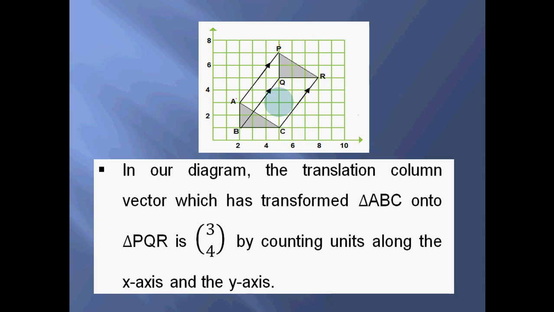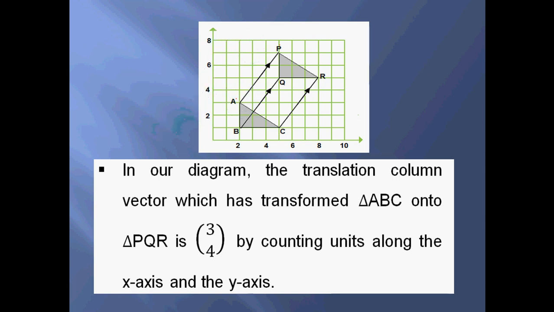And so we have 3 as a component along the x-axis in the column matrix. Now, we have moved from A to P in the right direction. So, movements in the right direction are positive movements. Remember, previously I said we should take note of positive and negative movements of points.